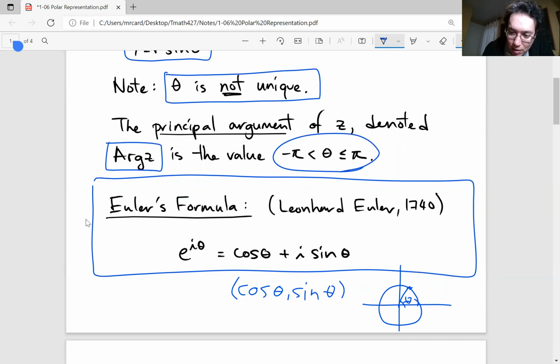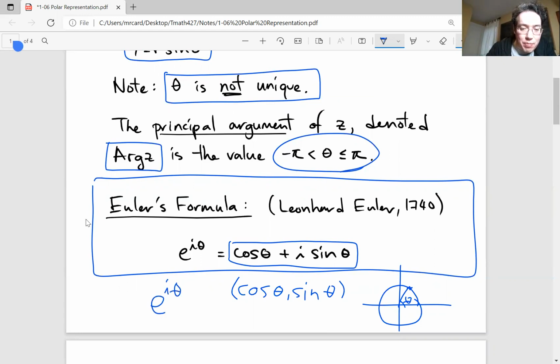And if you write that in the complex number notation, that's exactly that, cosine of theta plus i sine theta. So if you imagine the function e to the i theta, when angle is 0, it starts at the point, the real number 1. And as the theta increases, it will trace the unit circle in counterclockwise direction.